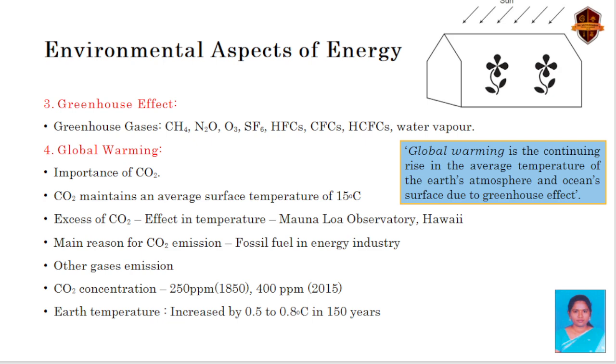This has increased Earth's temperature by 0.5 to 0.6 degrees Celsius over the past 150 years. The data on carbon dioxide concentration and temperature rise clearly show the impact of human activities. This emphasizes the urgent need for renewable energy adoption.